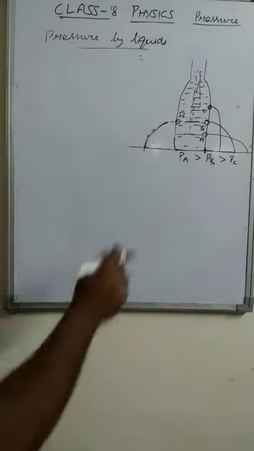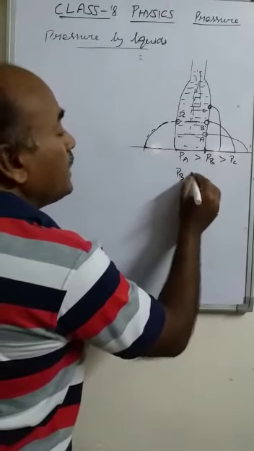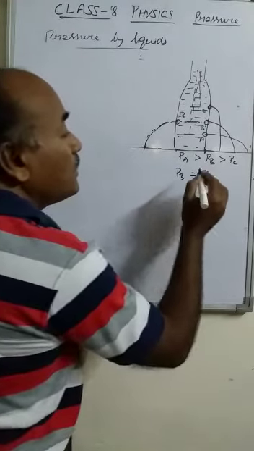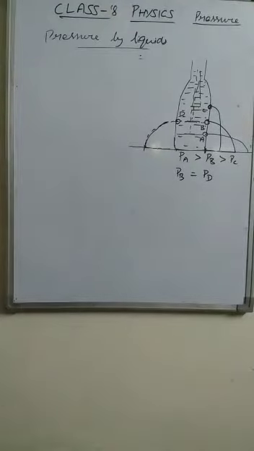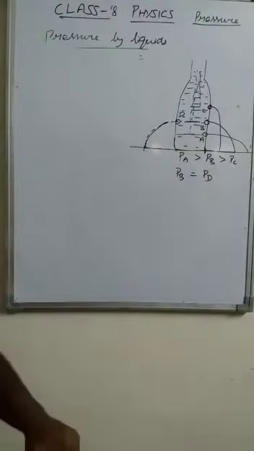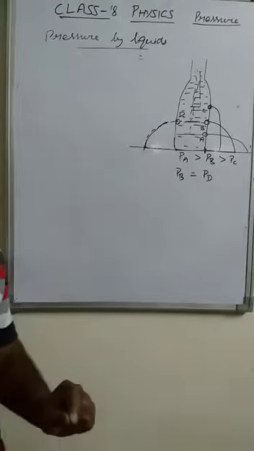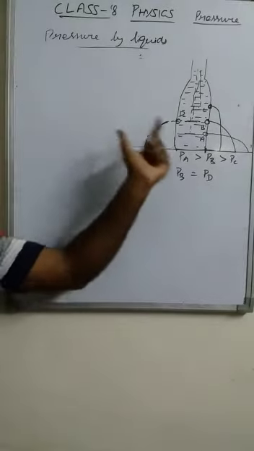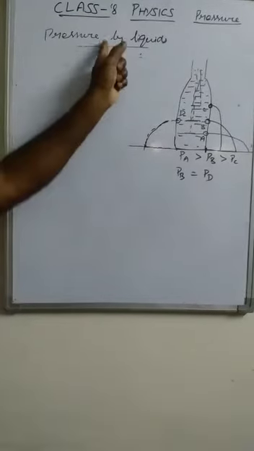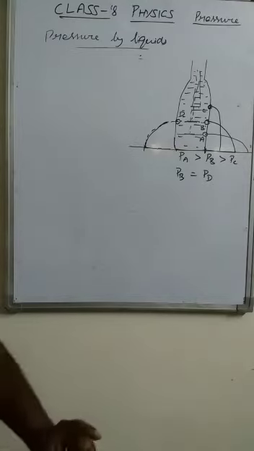So we say the pressure at B and pressure at D are equal. That means the conclusion is pressure at the same height is equal. Pressure at different heights is different. These are the two conclusions we get from the pressure exerted by liquids.